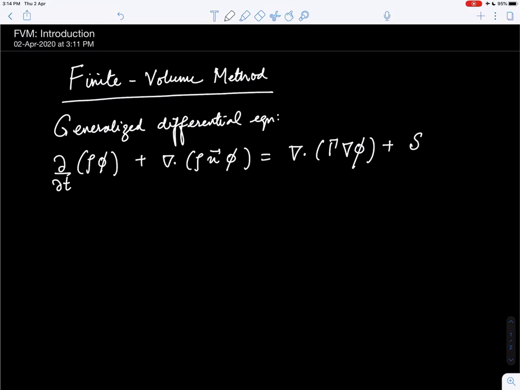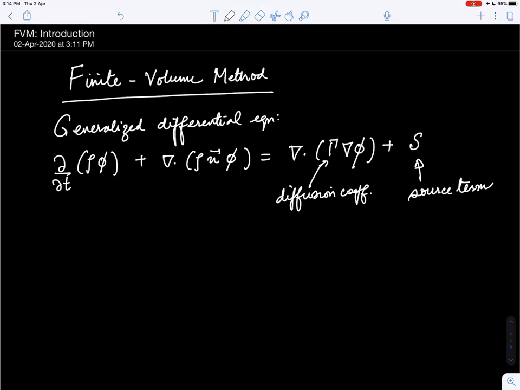In this equation, gamma is the diffusion coefficient, and S represents the source term.